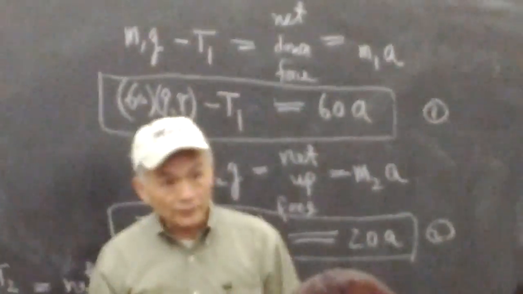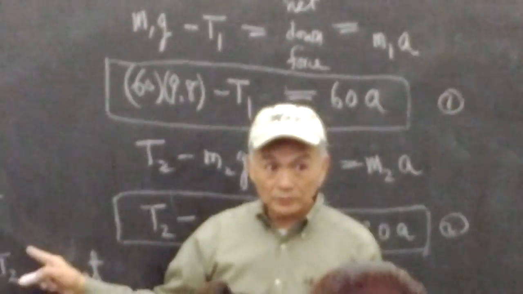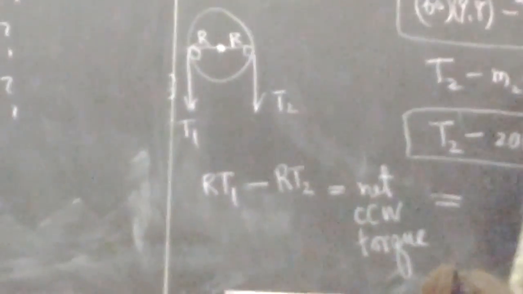In this case, the angles are 90 degrees and 90 degrees. So the sine of 90 degrees is 1, and I didn't write it down. Okay. So this is the net counterclockwise torque. Newton's second law for rotation. Net force is equal to MA.